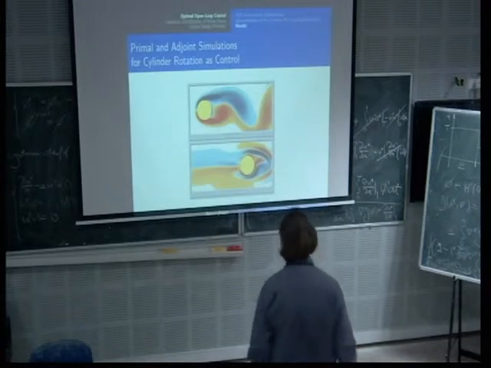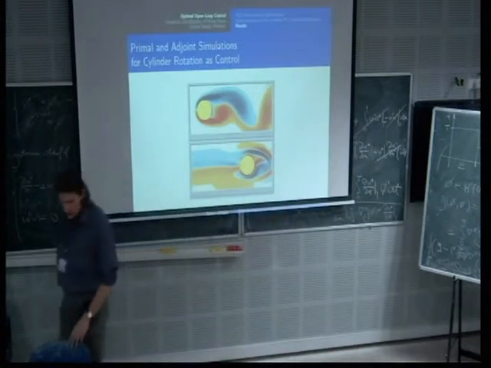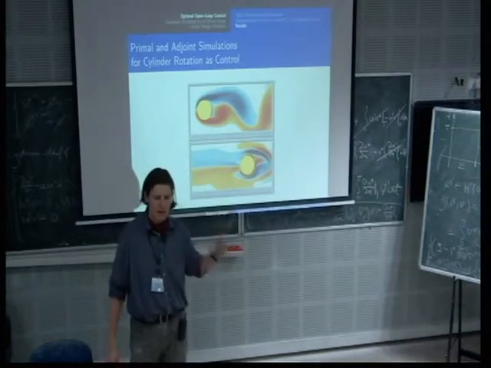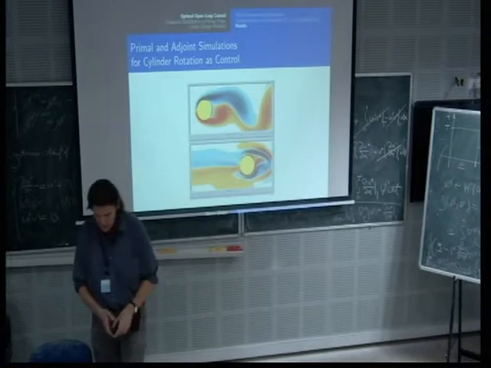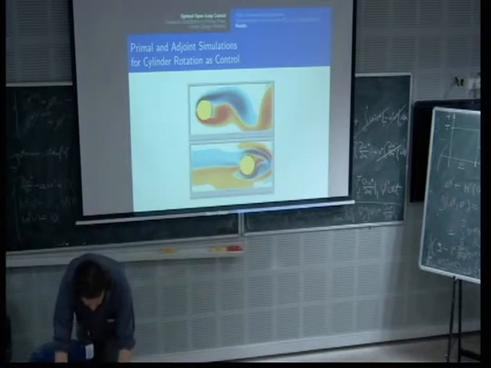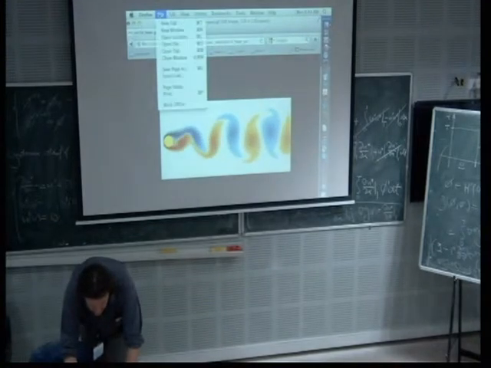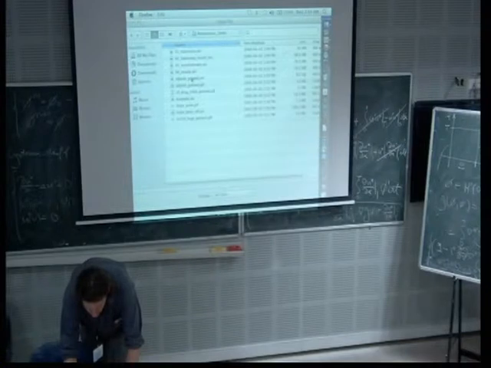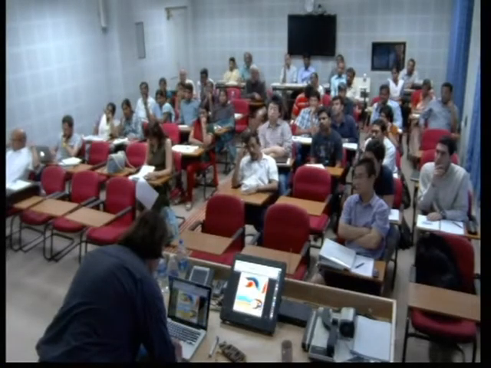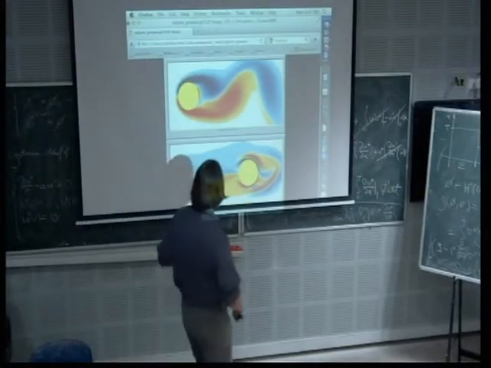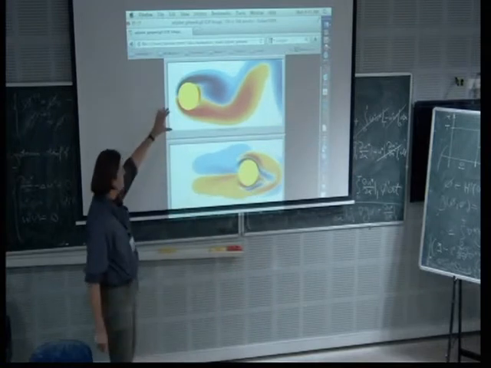So some results. What I would like to show you now is the solution of the direct and adjoint system for this problem, which looks sort of curious, I have to admit. Let's see. So there are two frames.